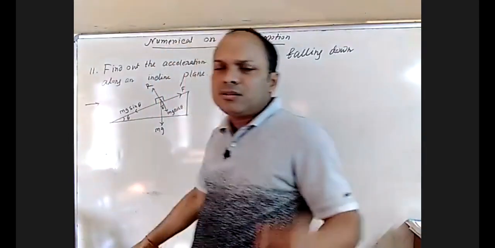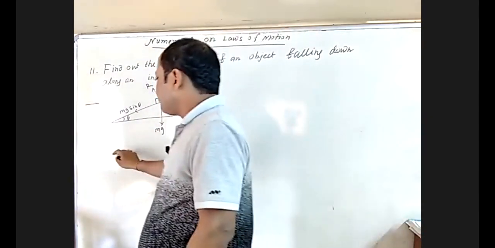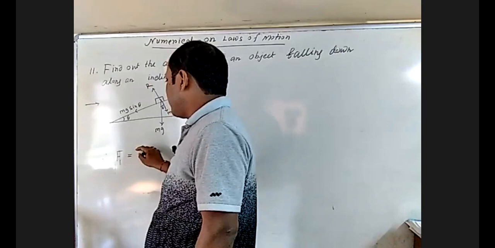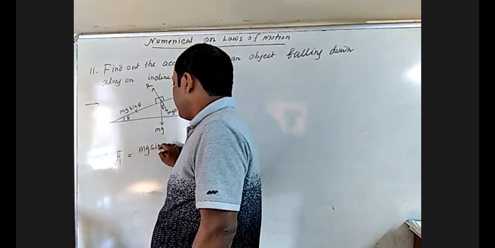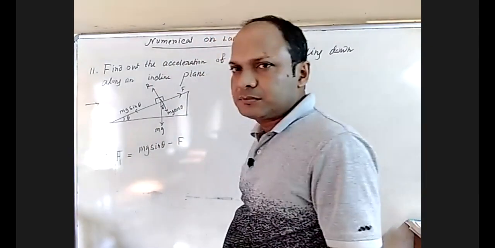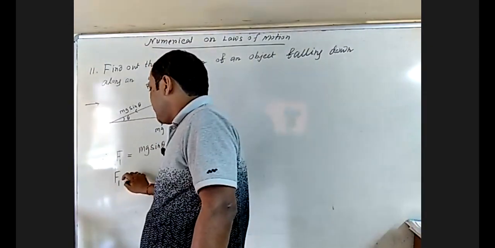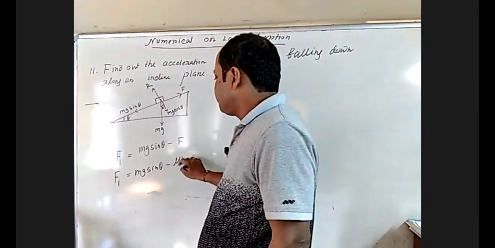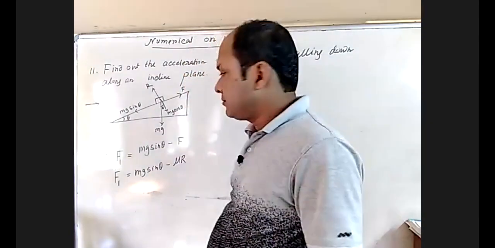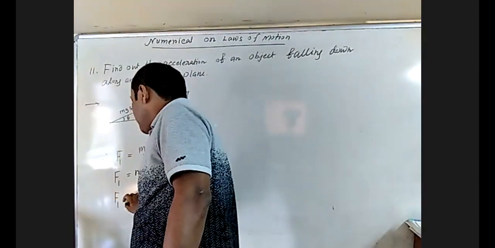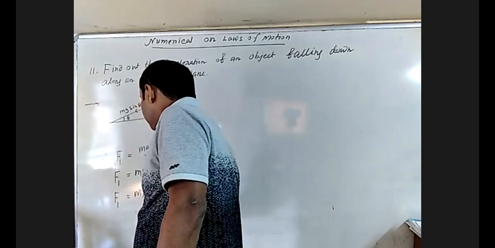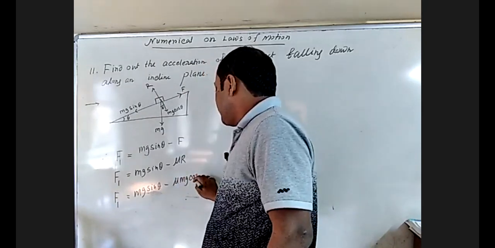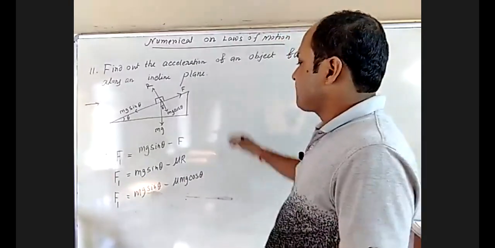Therefore, the resultant force acting on the object, F1, equals mg sin theta minus F. F equals mu R. Just now I have discussed about R: R is mg cos theta.